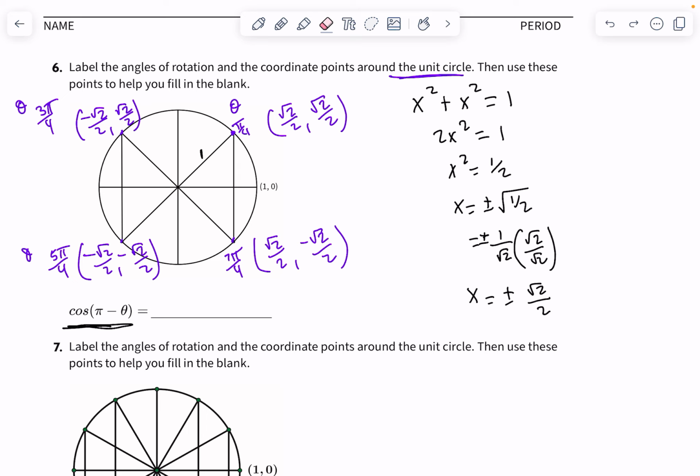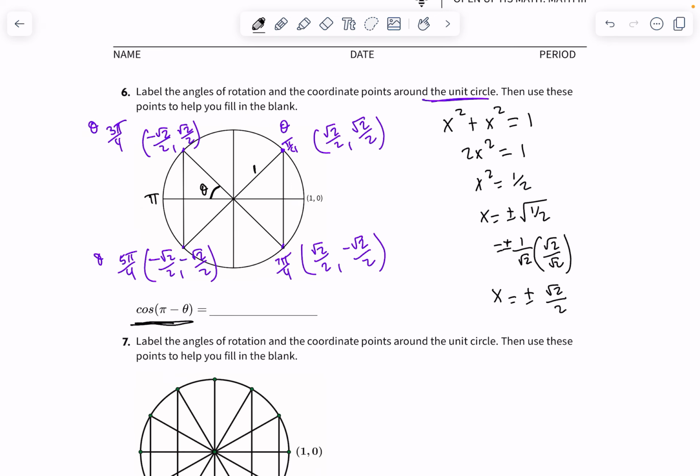What quadrant? Right? So this is pi right here. We'll call this theta right here. So if this is theta, this is theta right here, right? So then cosine here is what? Positive or negative?